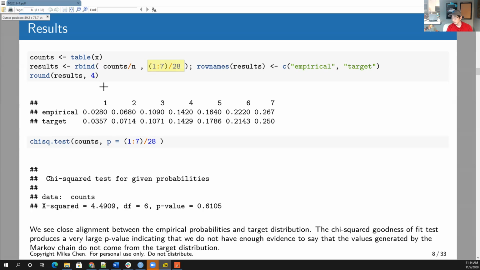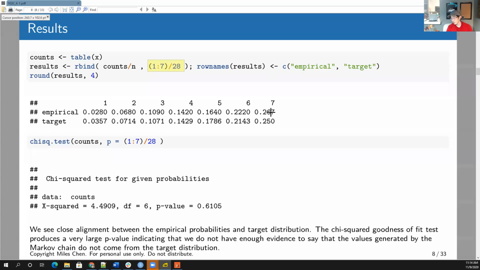Okay, and so here's a table or a matrix comparing these results. The empirical probabilities: out of 1,000 iterations, basically I got the number 1 28 times. So my empirical probability is 0.028, and according to the target distribution, we should get around 0.0357.